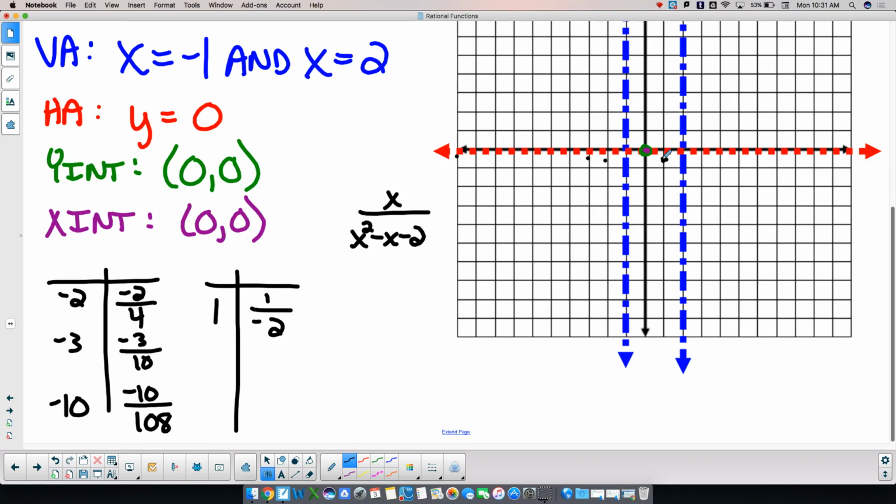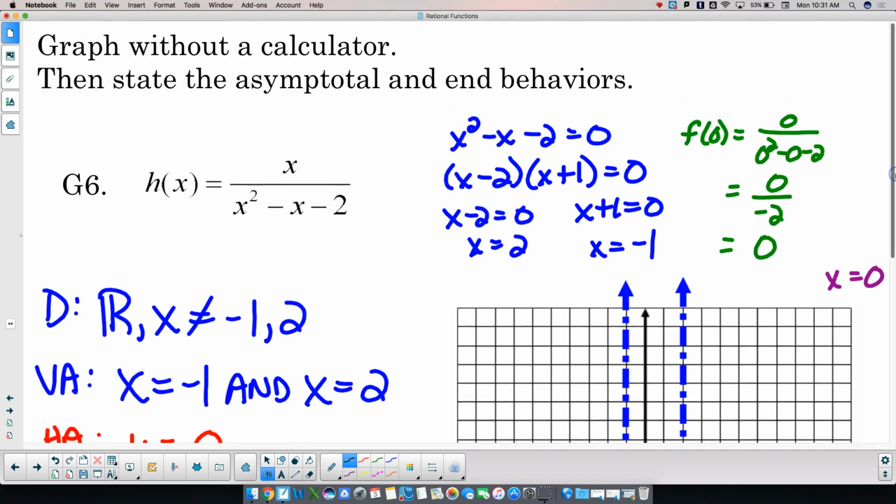From my Algebra 2 knowledge, since that wasn't a squared, it's not a double root, which means it's an actual crossing then. If it was a double root, if that was x squared equals 0, that becomes the kiss.